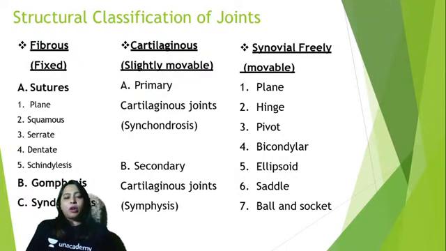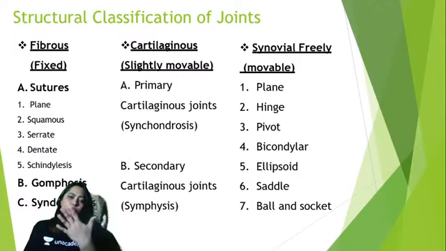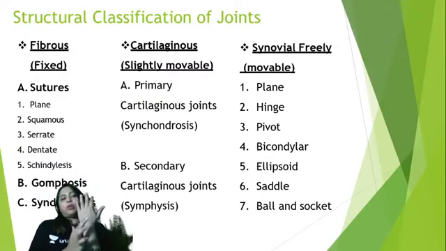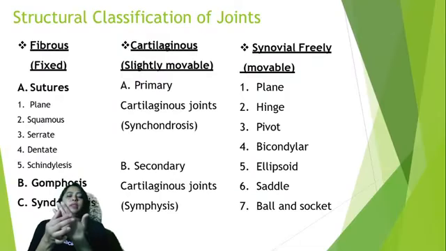Next one is saddle or sellar type of joint, which is again the first carpometacarpal joint. Now in the fingers, when you stretch your hand, you can see there are wrist bones, that is carpal bones. Then you have all these metacarpals, and then you have the phalanges. The thumb has two phalanges, and all the other fingers have got three.